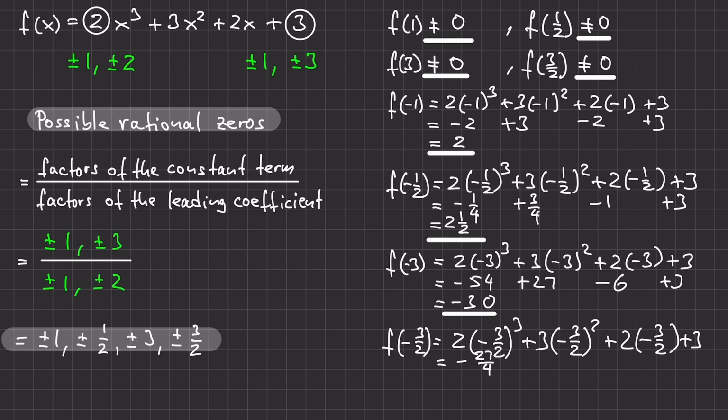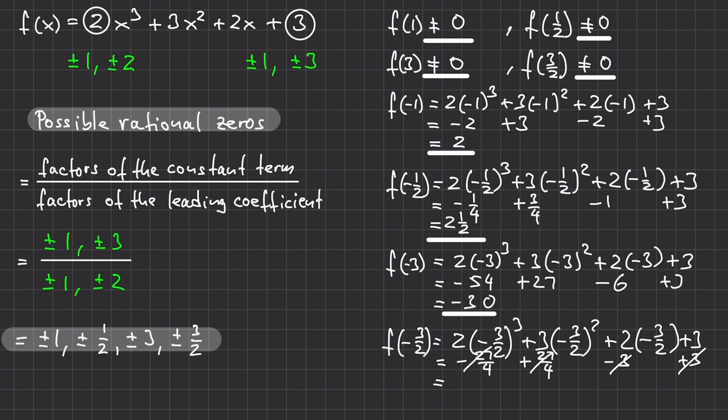Negative 3/2 squared is 9 over 4 times 3 is 27 over 4. 2 times negative 3/2 is negative 3, and we keep the 3. Negative 27 over 4 and 27 over 4 cancel each other out, and negative 3 and positive 3 cancel each other out.